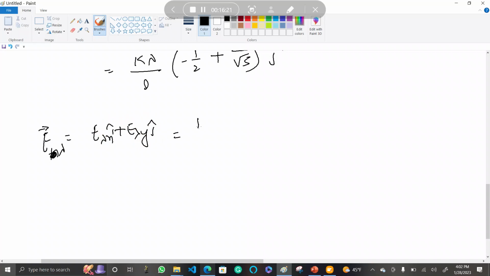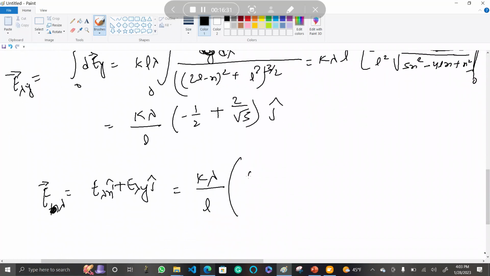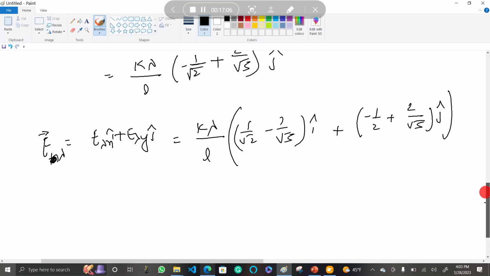So E lambda of x and E lambda of y we get: E lambda of x is 1 by root 2 minus 1 by root 5, minus 1 by root 5 i plus, when I keep L equal to 0, maybe I made some mistake, minus 1 by root 2 plus 2 by root 5. Okay, this is my total electric field.